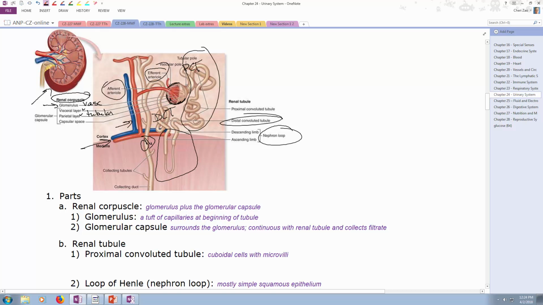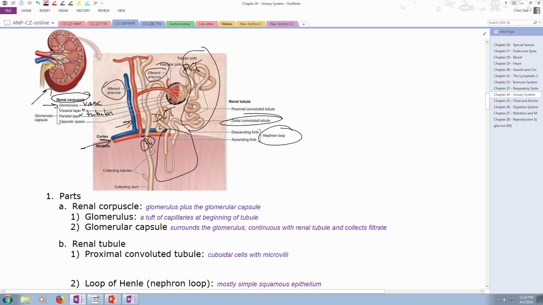Now, is this normal for an arteriole to give rise to a capillary bed, and then that capillary bed gives rise to an arteriole? Is that normal? No. So this is why kidneys are so unique. They have an arteriole giving rise to a capillary bed giving rise to another arteriole.